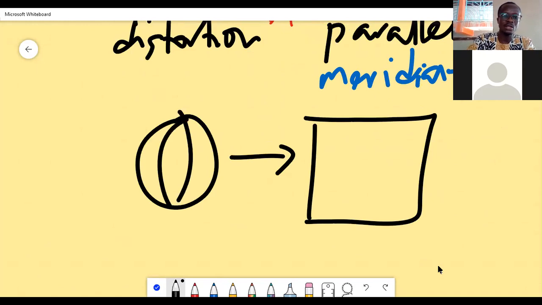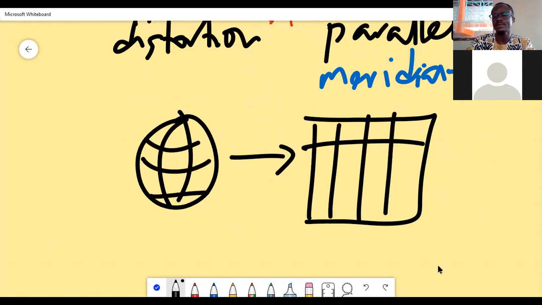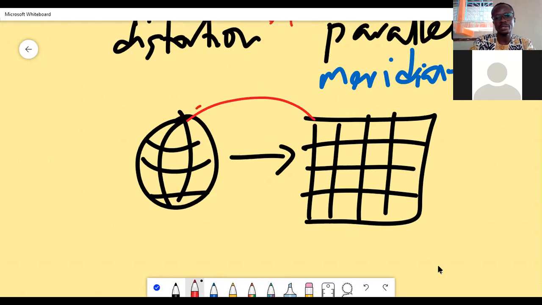All the longitudes and latitudes will now turn into straight lines, and then they will distend as we approach the North Pole. So the North Pole will be here somewhere, and as you go here, we have a distension. It's like a stretch, and that stretch is a distortion. So as we approach the North Pole, our projection tends to have a lot of errors in it.